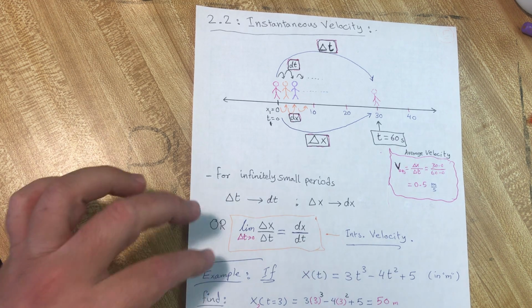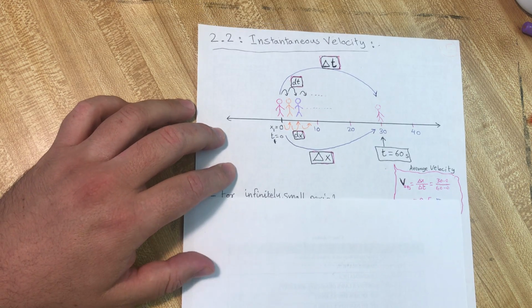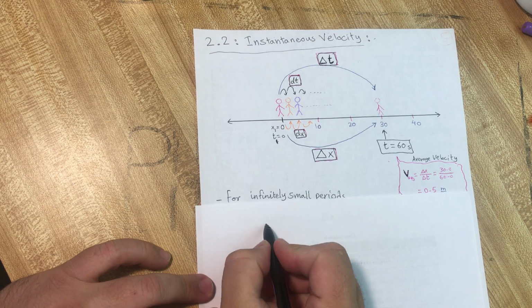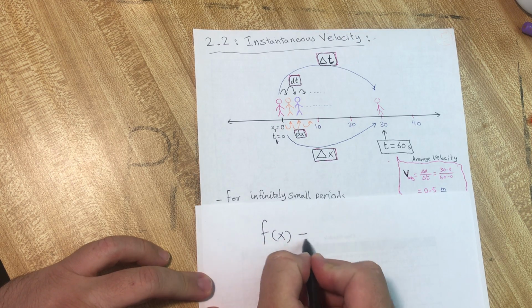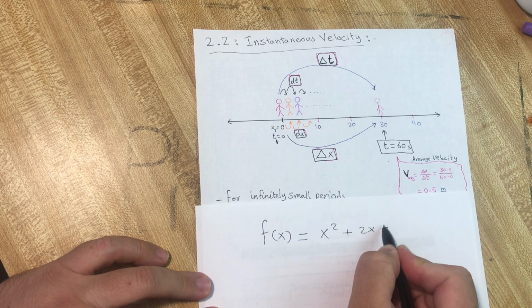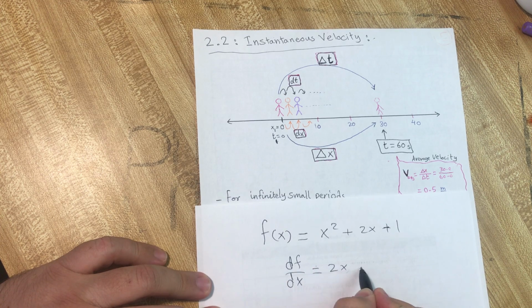Do you remember the example before? We just have this simple sheet. If we have f of x equal x squared plus 2x plus 1, what is df by dx? It is equal to 2x plus 2 plus 0.